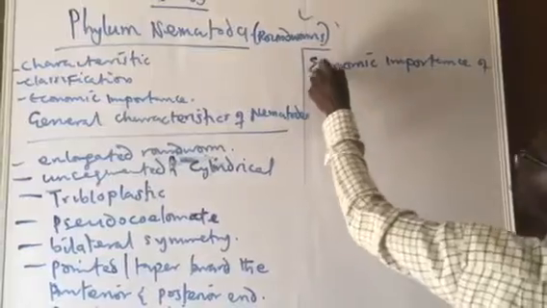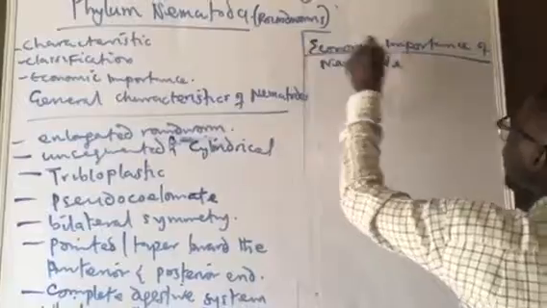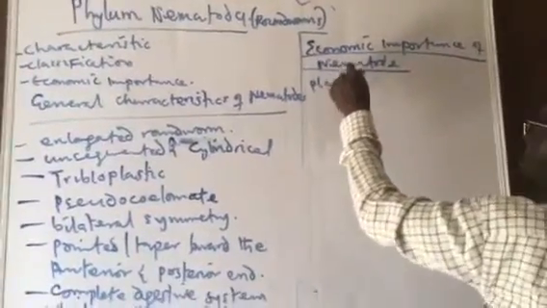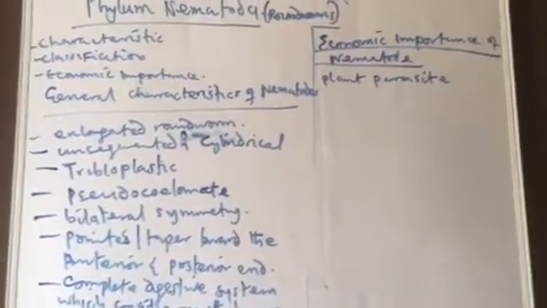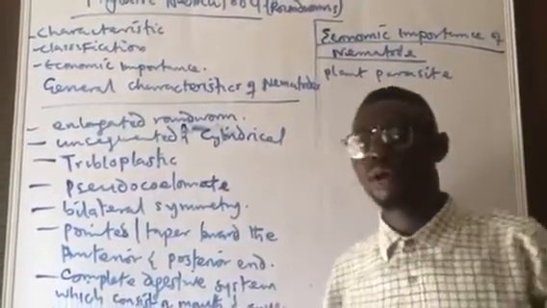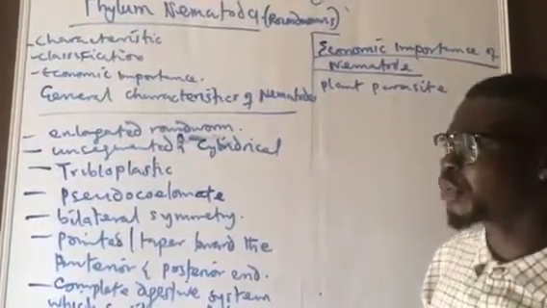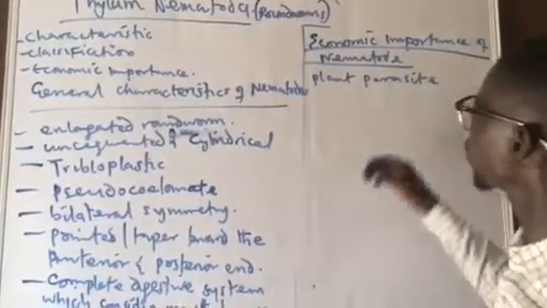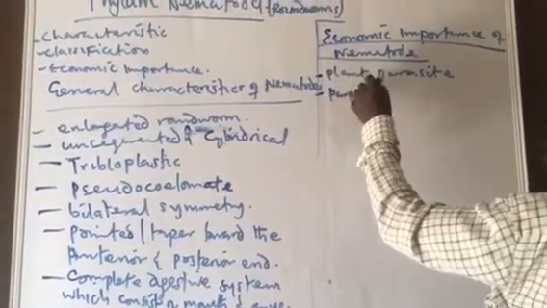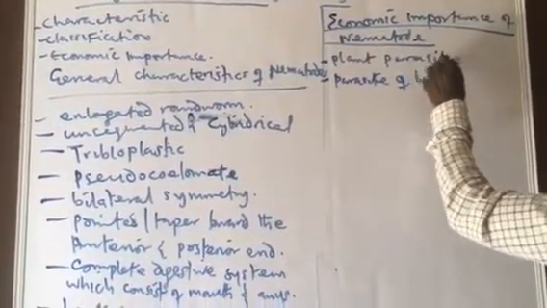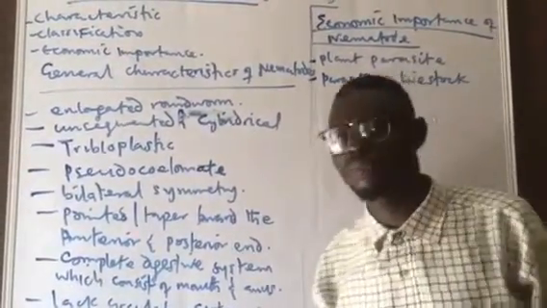We said they are plant parasites, the common garden roundworms, which cause damage to plants, and they lead to annual loss of millions of naira. We also have parasites of livestock. So they affect the livestock, and they also reduce productivity.